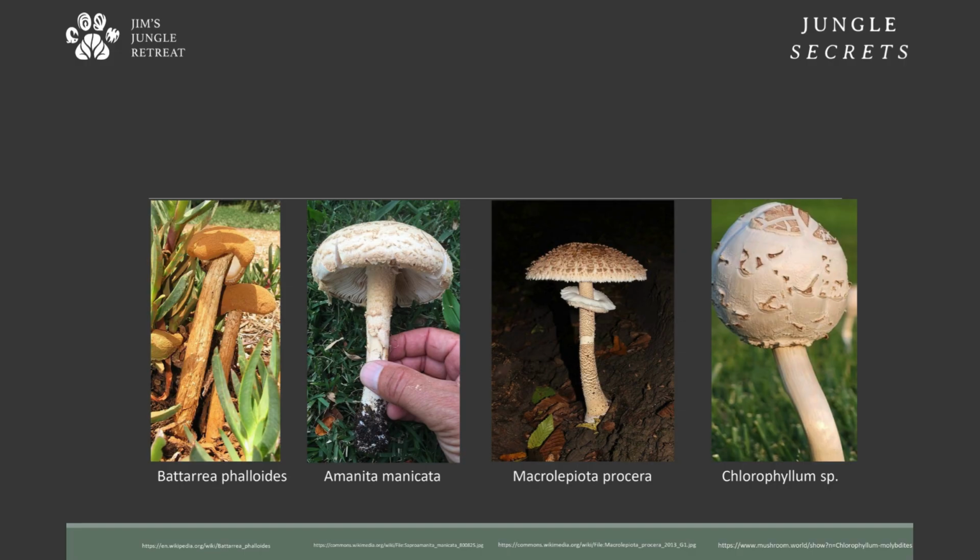Macrolepiota procera and Chlorophyllum: these two mushrooms are very easily confused. While Chlorophyllum, if not cooked properly, is a poisonous mushroom, you can see this Macrolepiota procera over here has a snake type pattern, and this one over here does not have any snake type pattern. So again, an observational difference. So stipes are very important to click pictures of also.